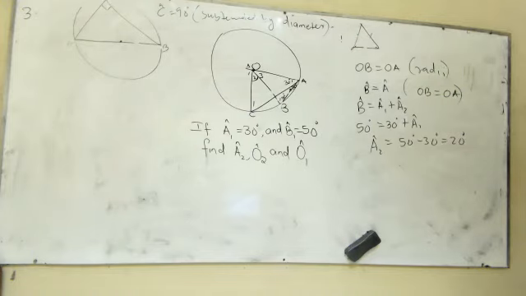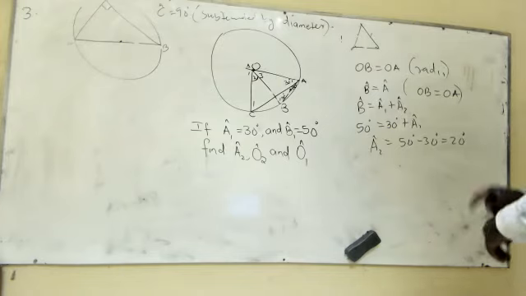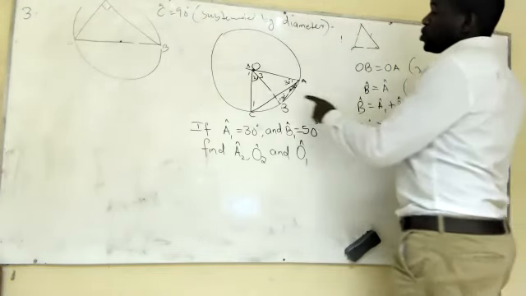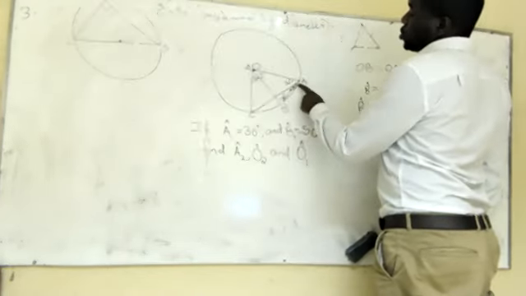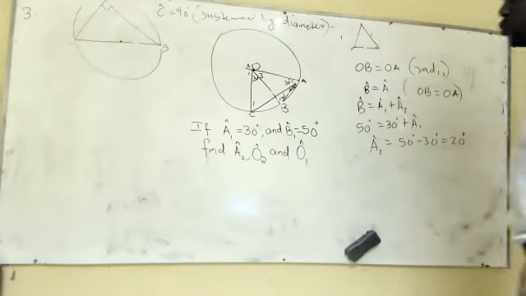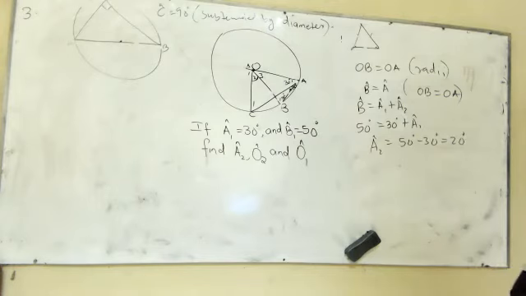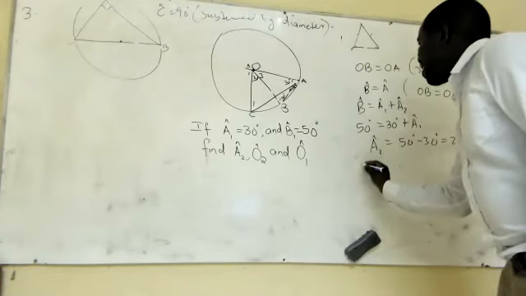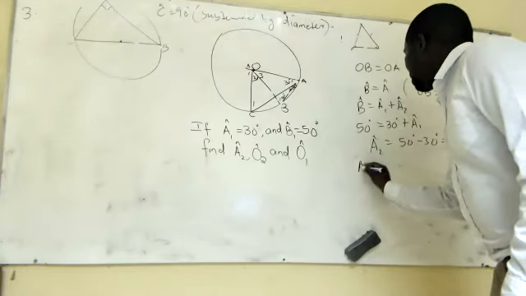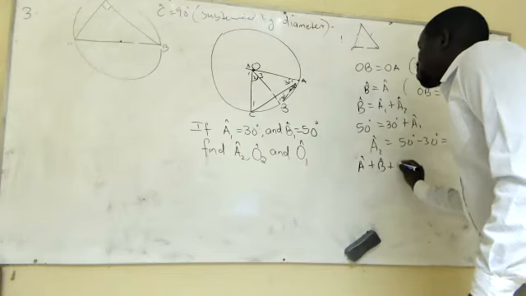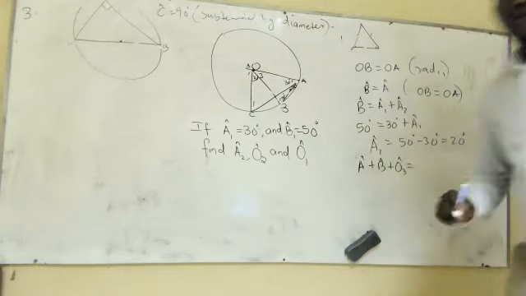All right, let me assist you with that. Already we have information about B and about A. With this information, we can calculate O3, because we know that A plus B plus O3 is equal to something.